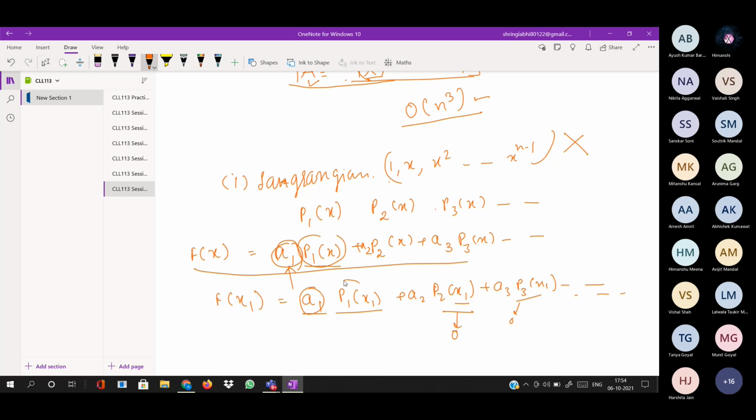And you could have taken an arbitrary value of this, any value you take, not 0, of course. Otherwise, this will make no sense. So you have to design a polynomial such that you can calculate a1 just by putting the value of x1 in this function.